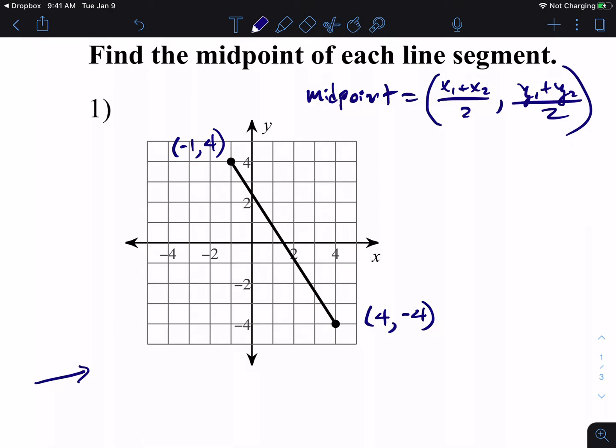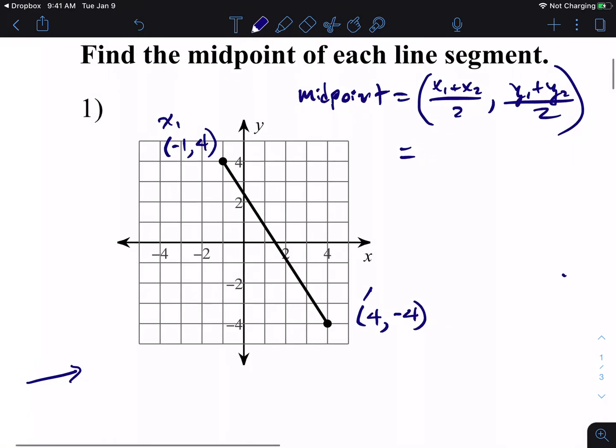Now I'm going to assign what is x1 and x2. So this is x1, and that makes this one x2. And that makes this y1 and y2. Let's go ahead and start to work those.